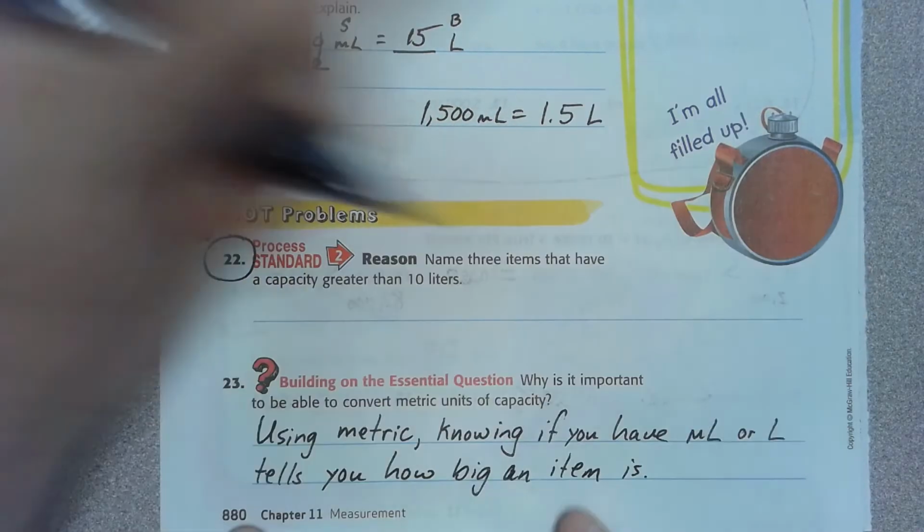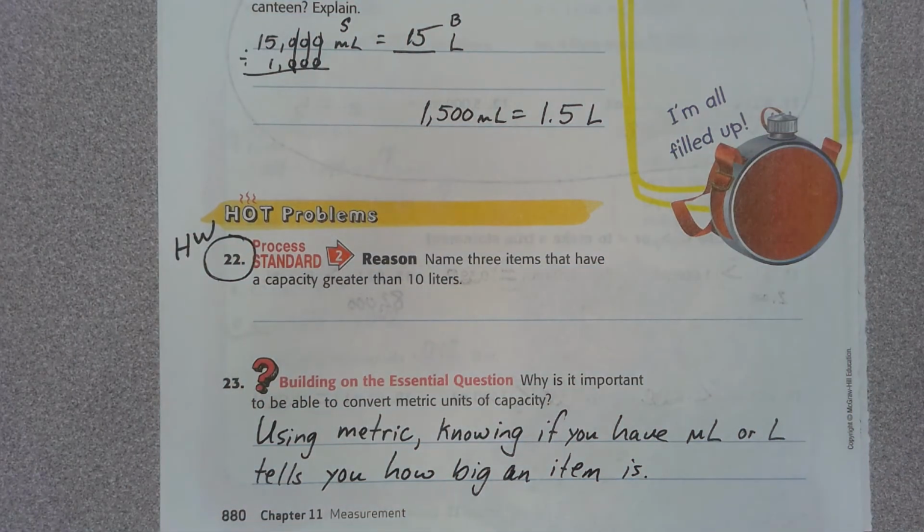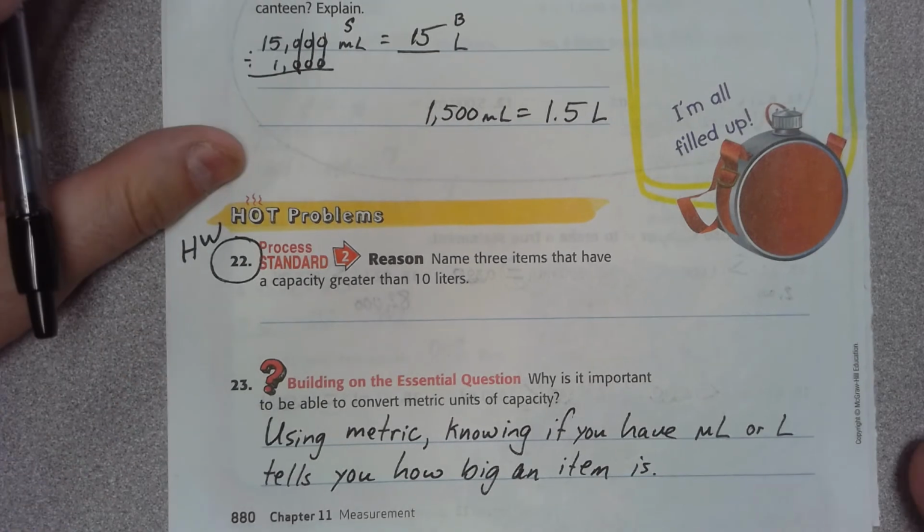Sometimes we think of ounces, pints, cups. A lot of times we don't understand. We can't compare it if we don't know the conversions. But with the metric system, if you know that a milliliter is really small and a liter is really big, that's a pretty easy question to answer because you go, well, a liter is bigger. So to me, it helps with that.